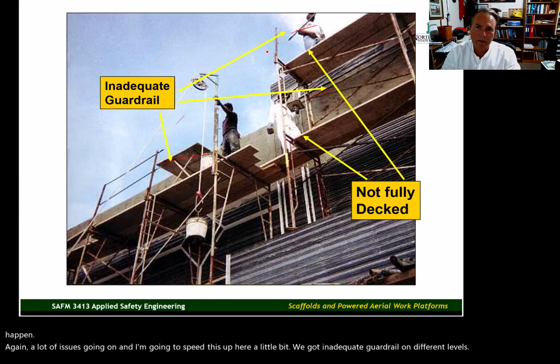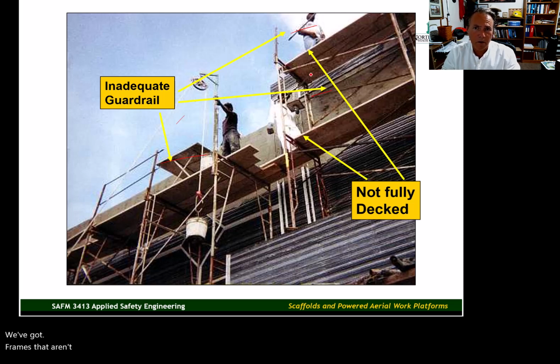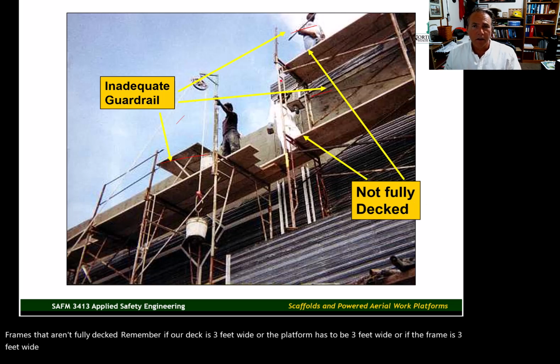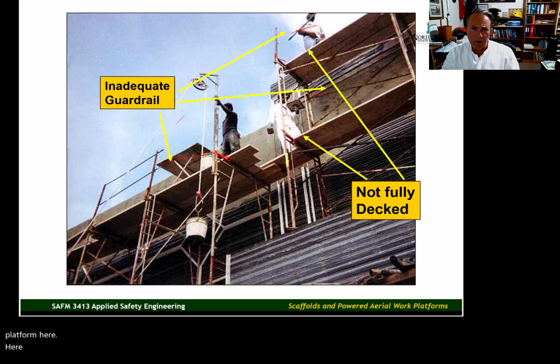We've got frames that aren't fully decked. Remember, if the frame is 3 feet wide, the platform has to be 3 feet wide. It's not fully decked all the way across the width of the platform. Here, and also here, it doesn't look like it's fully decked.